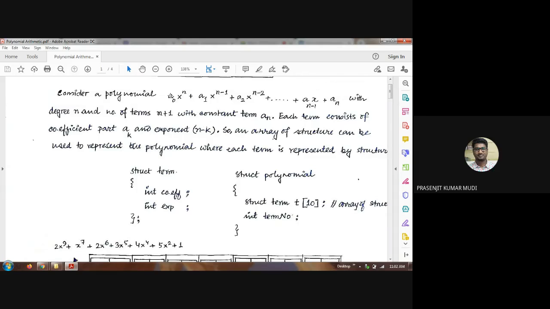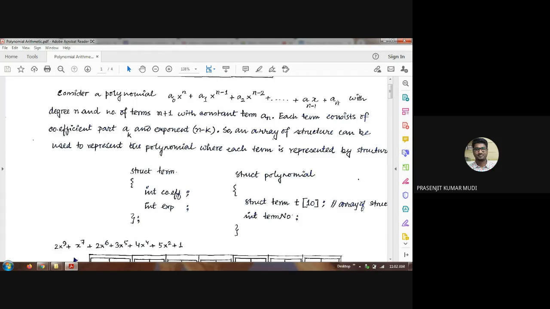So this is a0. If the superscript is 0, then the power will be n minus 0, that is n. If the superscript is 1, then the power will be n minus 1. If 2, then n minus 2. Like that, here it is n minus (n minus 1), so ultimately it is 1.